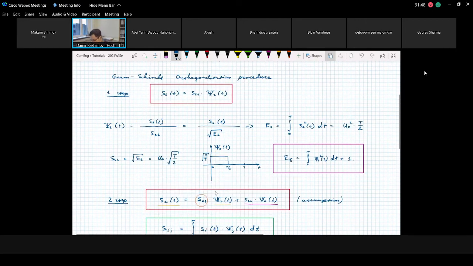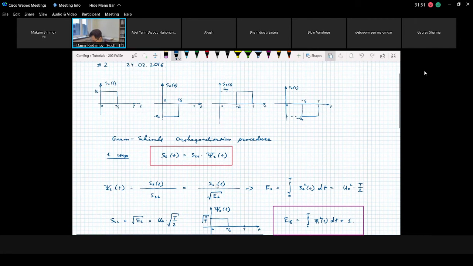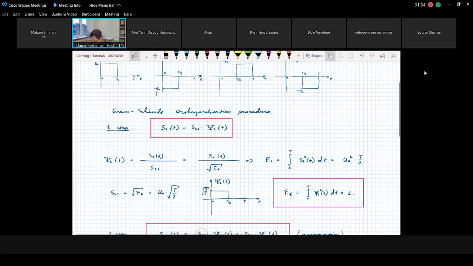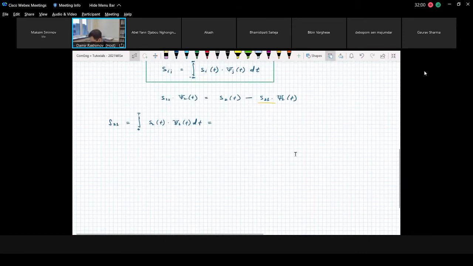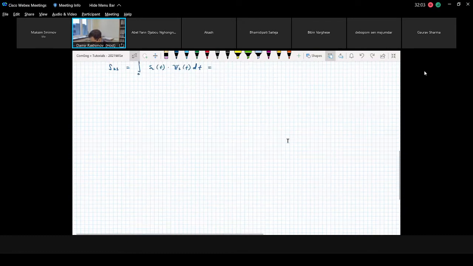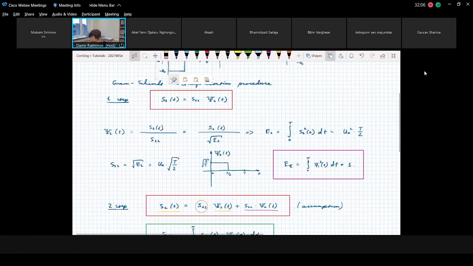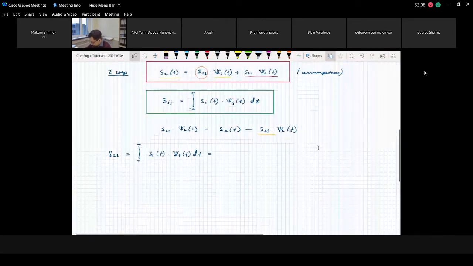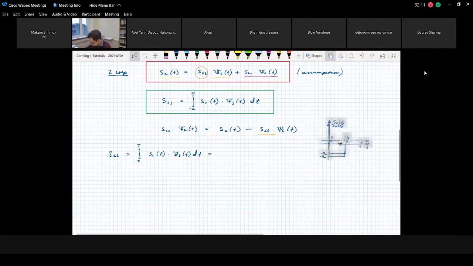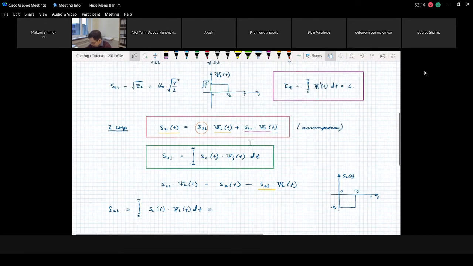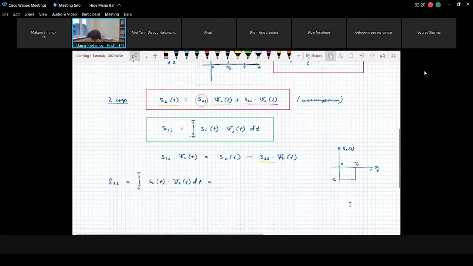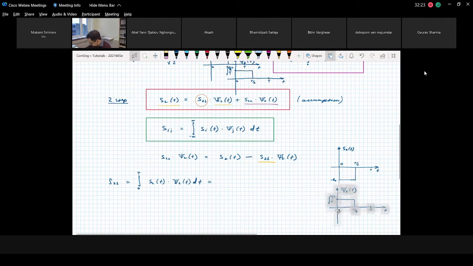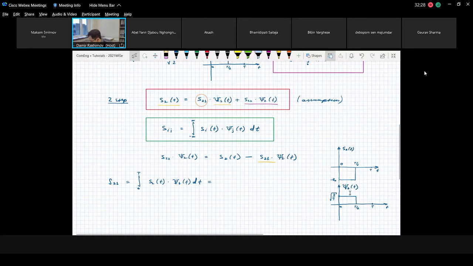And it's not difficult to see, if you take the second signal and the first basis function that we have found previously, I will show them like this.